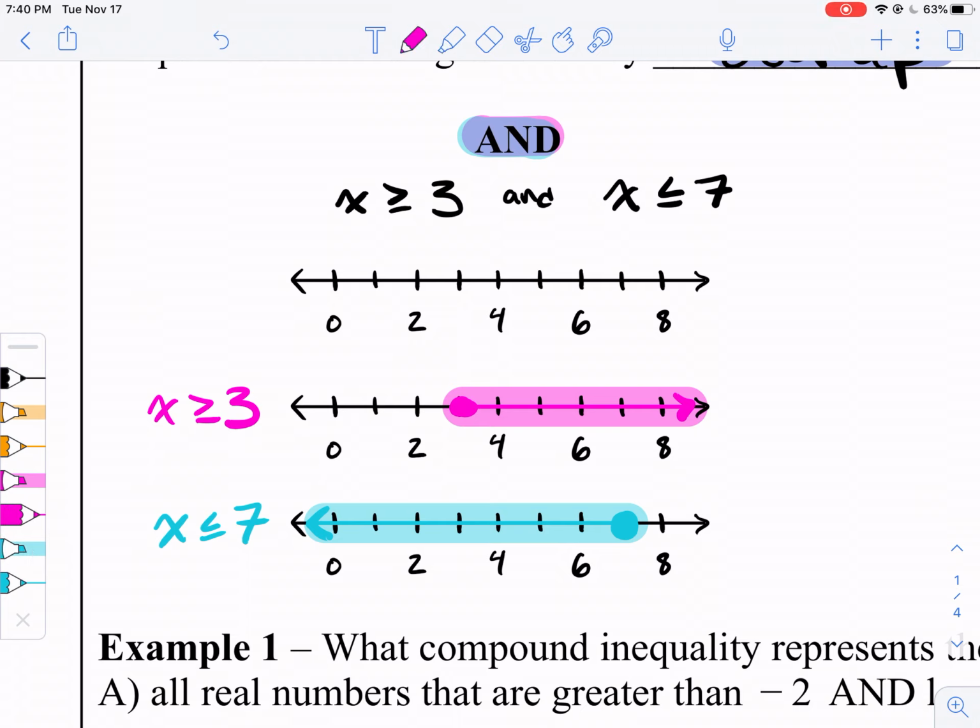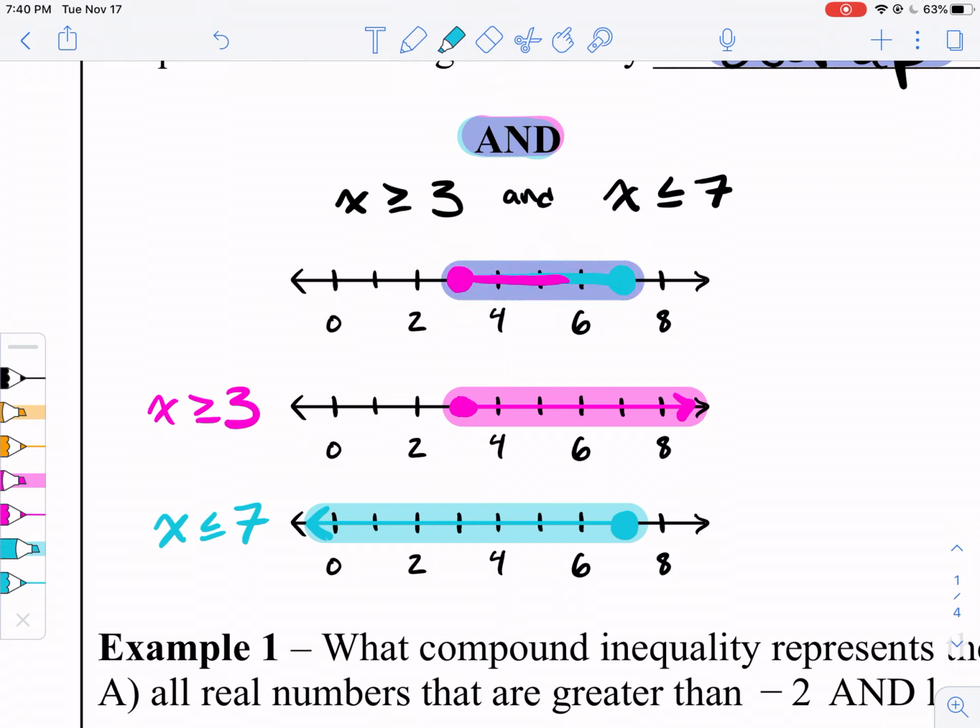So "and" is both of those together. We're going to put them on top of each other. So we have a solid dot at positive 3, and a solid dot at 7, and it's where they both overlap together. Okay, so we've got between 3 and 7, and that's it, right?